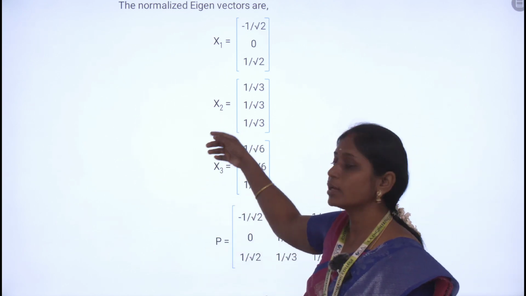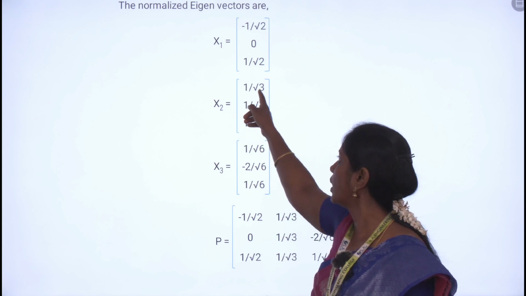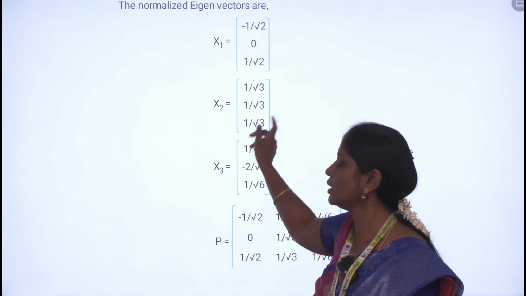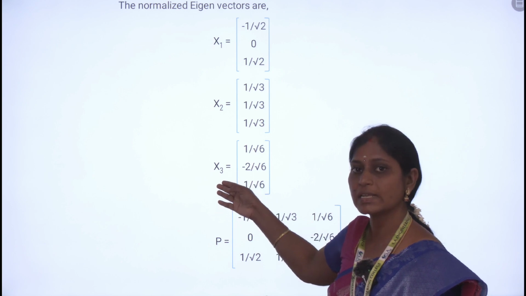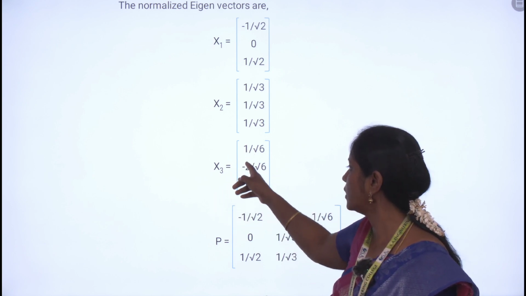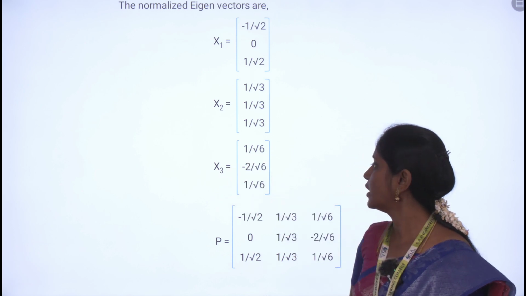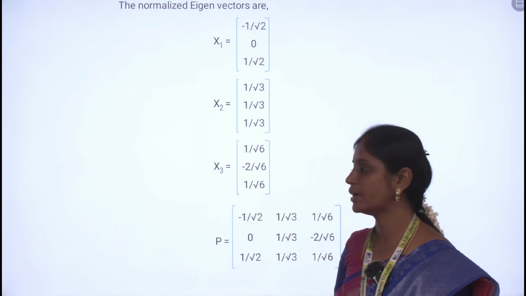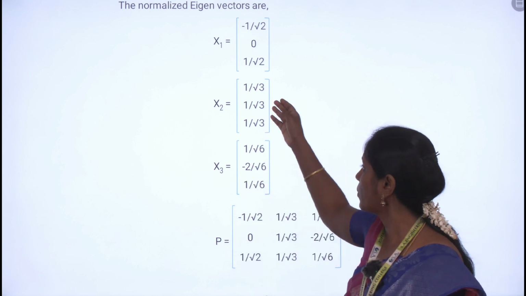For x2, the length is root 3, therefore x2 is (1 by root 3, 1 by root 3, 1 by root 3). For x3, the length is root 6, therefore x3 is (1 by root 6, -2 by root 6, 1 by root 6). So we can form a matrix.